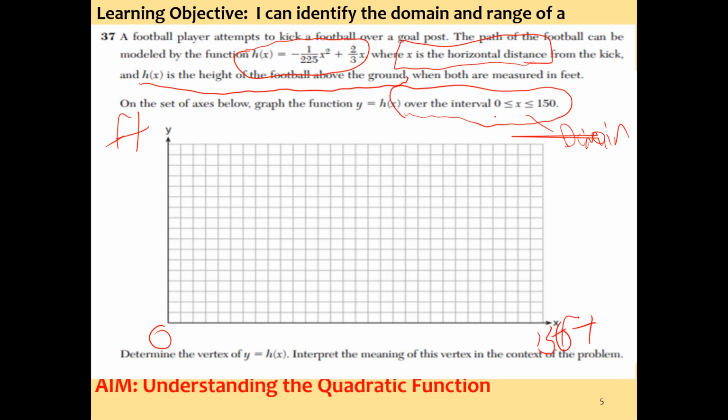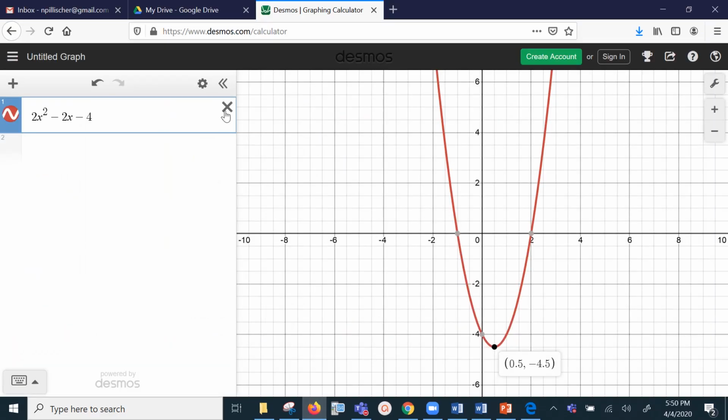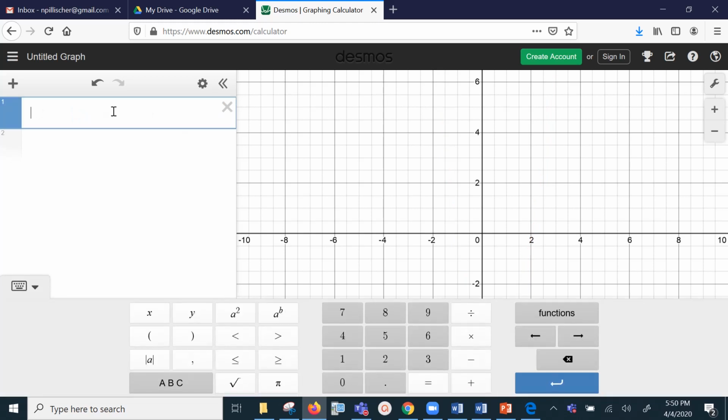All right, so we go to our calculator, and we put this into our calculator. Anytime you see a fraction, I want you to use parentheses.